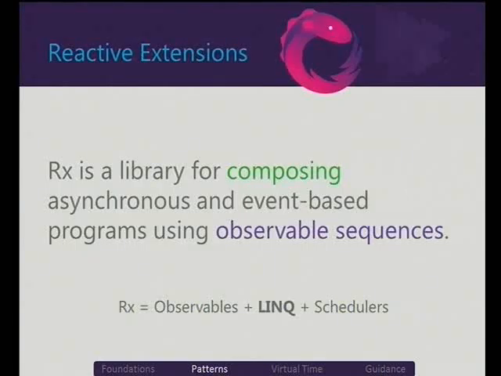So what is RX? RX is a library for composing asynchronous and event-based programs using observable sequences. What the heck does that mean? Everyone's used to a list of some type as a collection. You can query it, and you can go through all the items, and it has a well-defined beginning and an end.